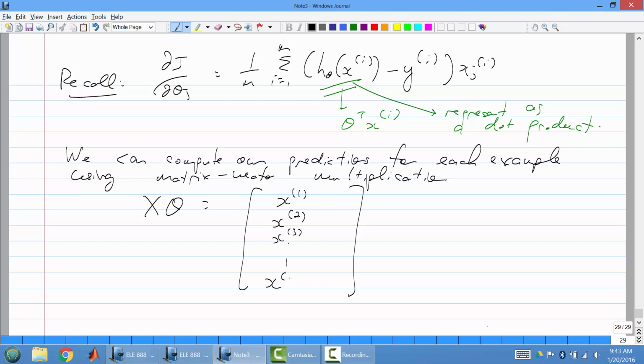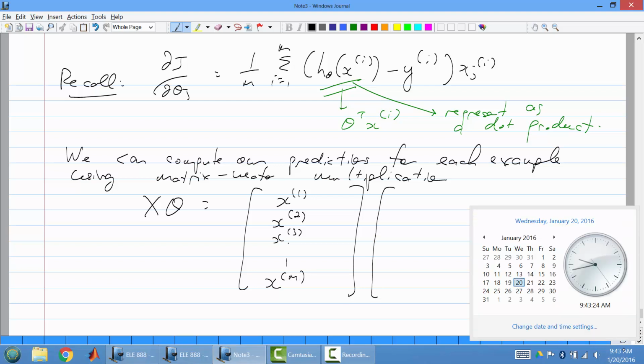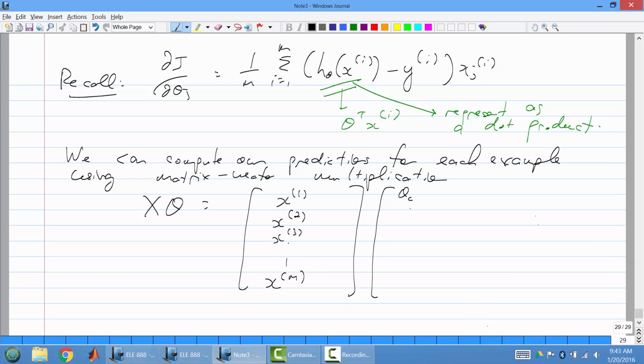And then if you multiply this by your vector, so this is theta 0, theta 1, all the way down to theta n. So this is just computing the dot product. So if you did this, it would be theta transpose times x1, x2, and so on.